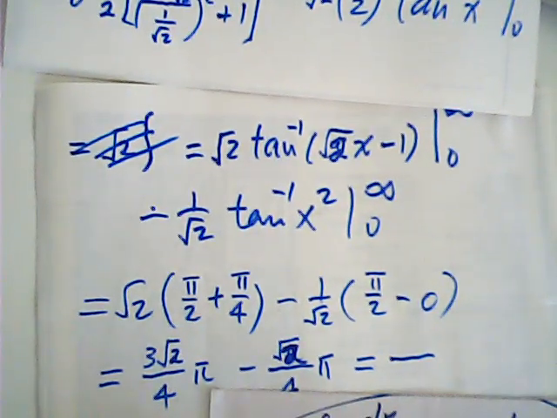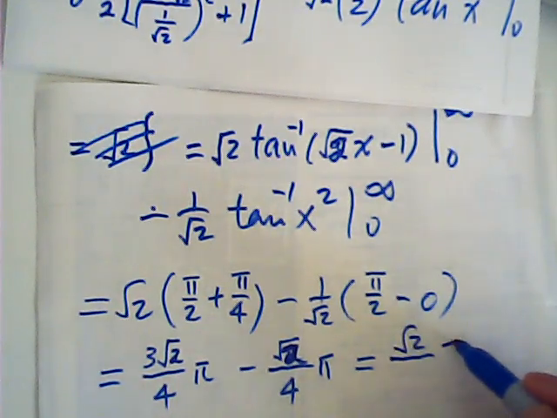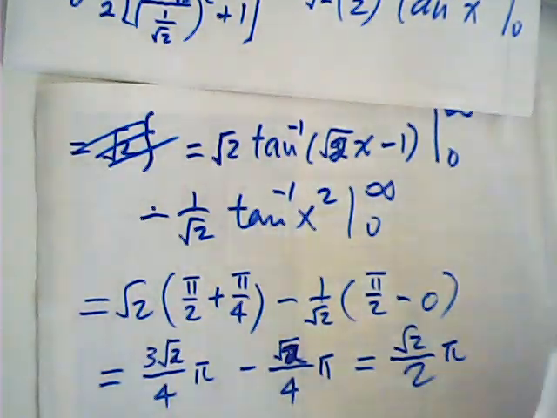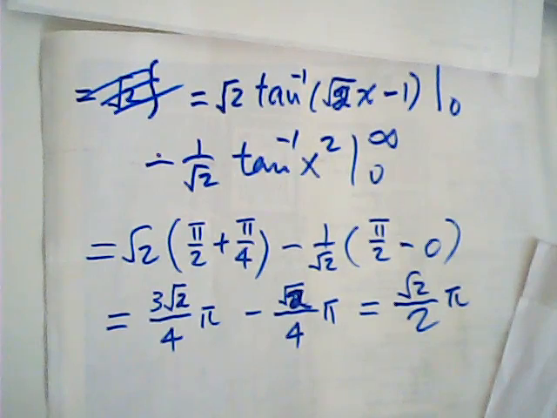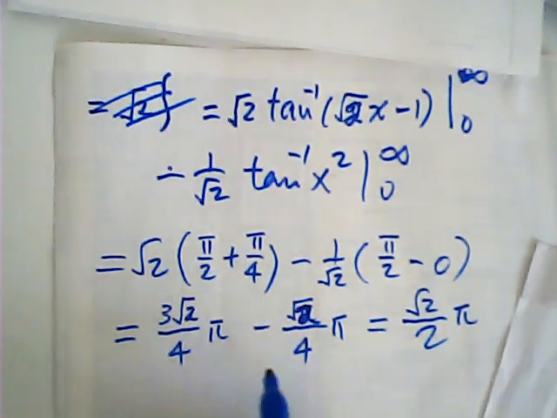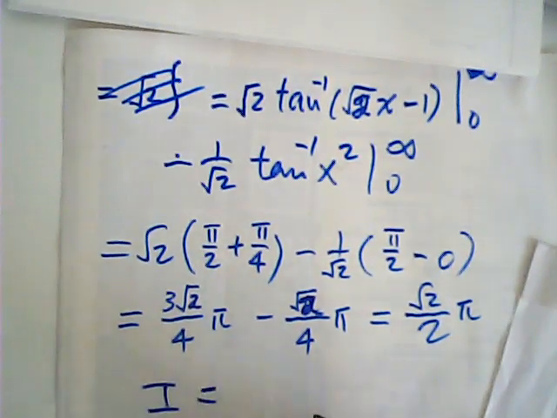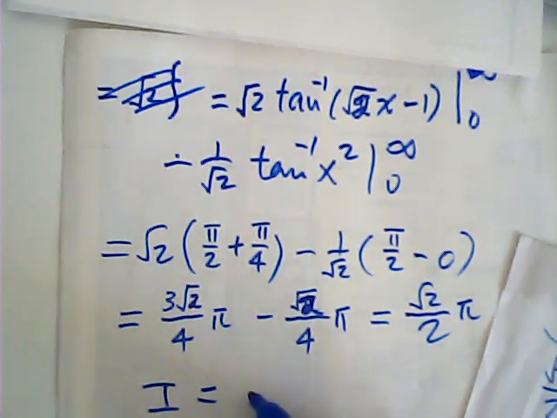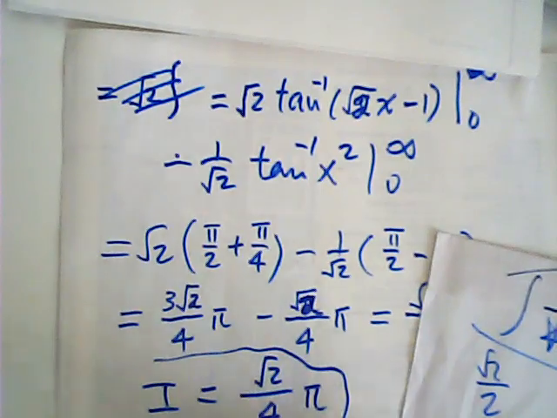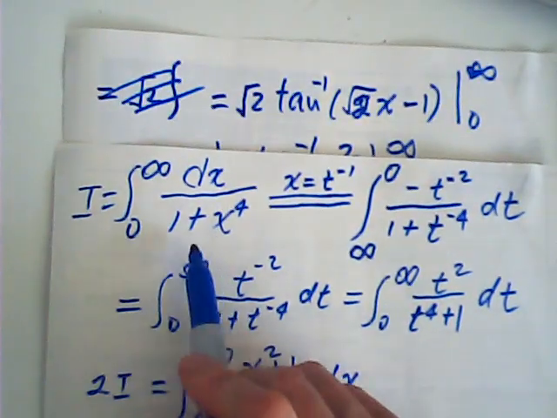Yeah, half root 2 pi. Okay, this is 2I. So I is equal to root 2 over 4 pi. So this is my solution to this one.